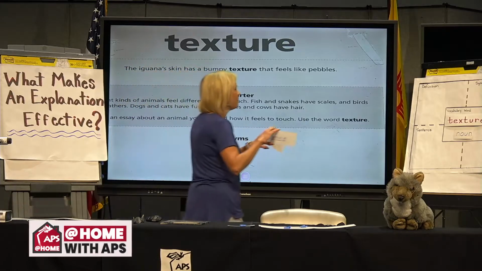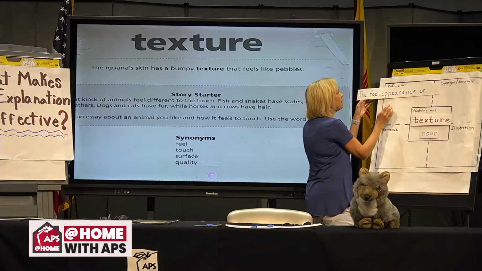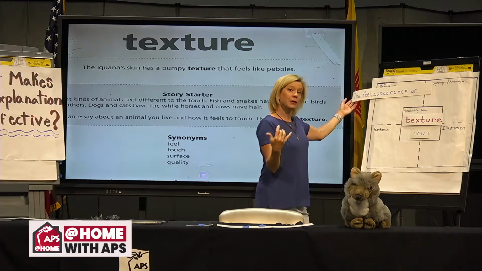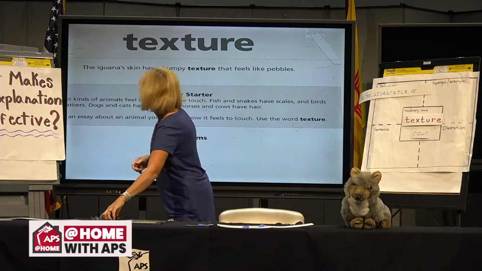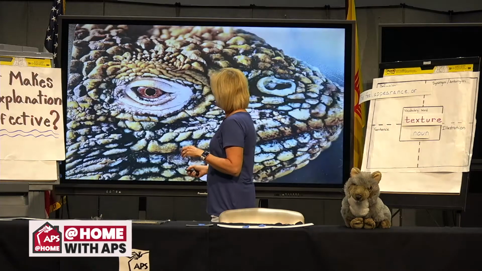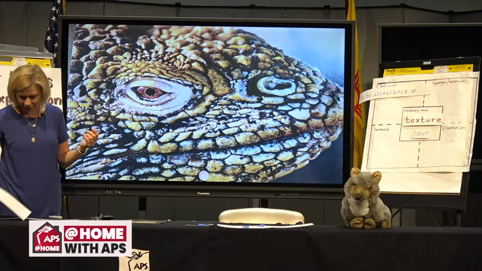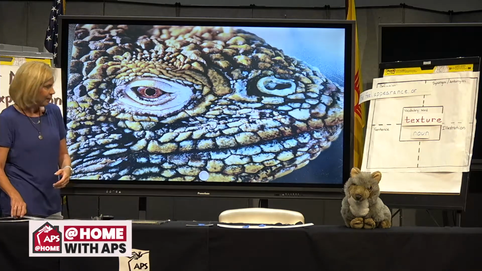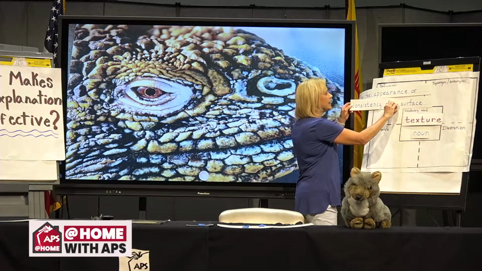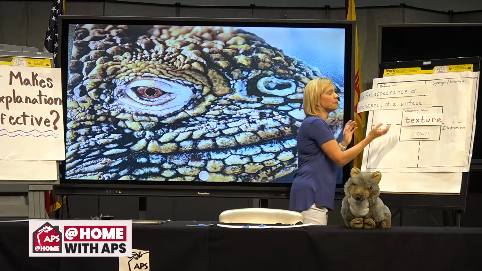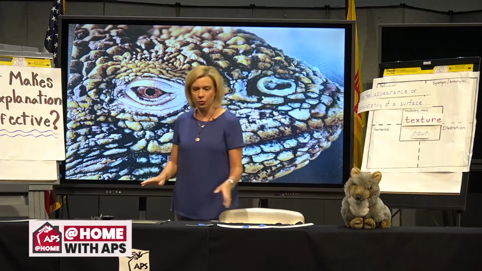So my definition, we'll see if it fits up here, is the feel, appearance, the way it looks. Let's go back to our picture of our iguana, because we have an appearance of pebbly skin, don't we? The feel, appearance, or consistency of a surface. So a surface is anything that you can touch.